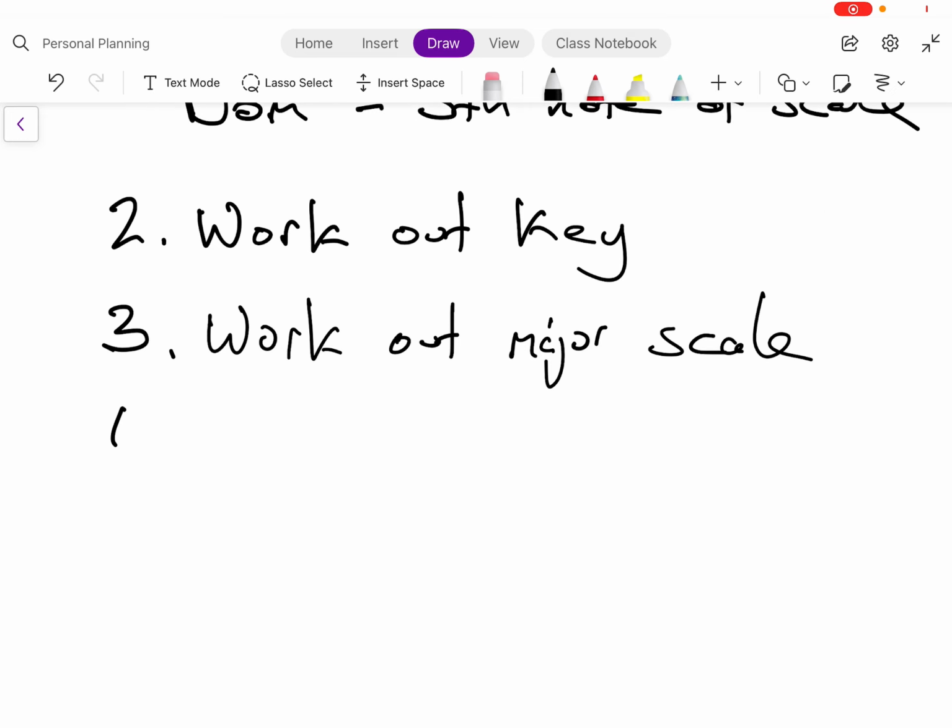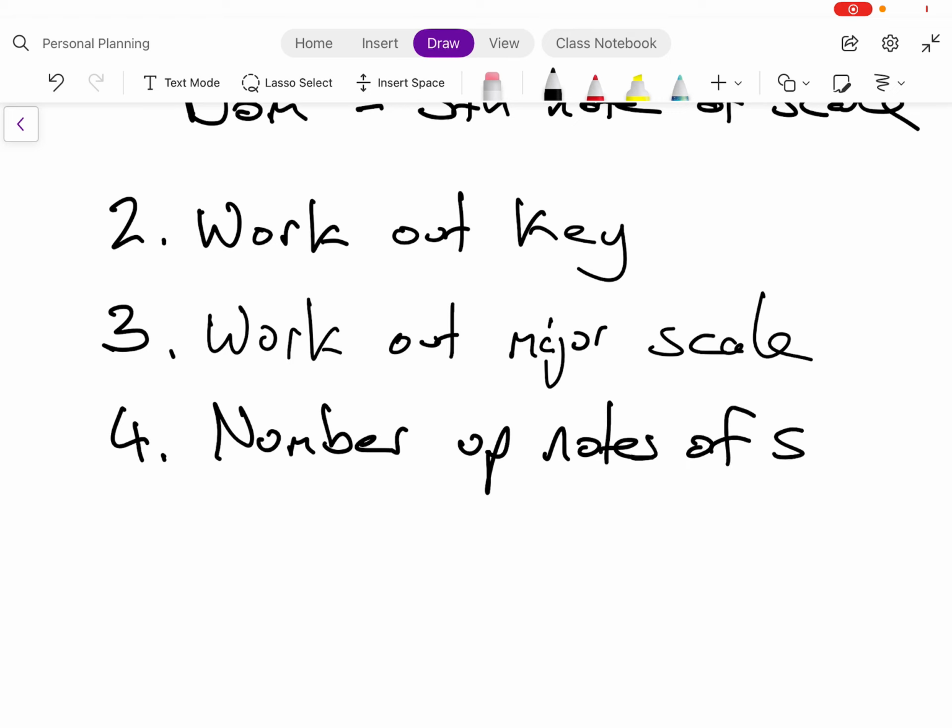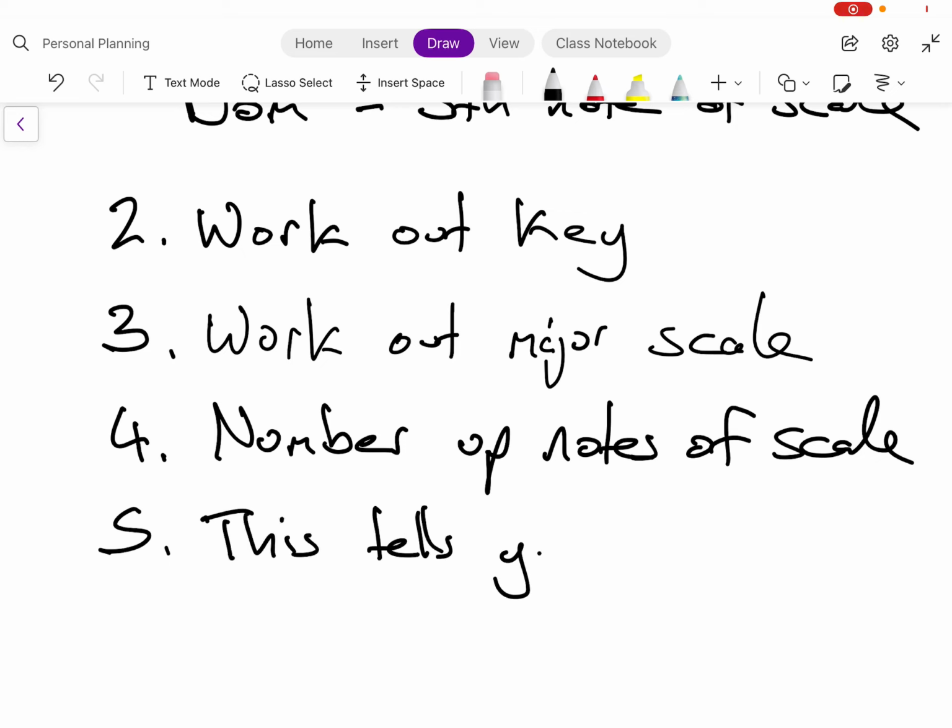Then you just number up the different notes of the scale. And then you find which one is the tonic, dominant, or subdominant, basically, from the numbers of the notes. So this tells you the tonic, the subdominant, and the dominant.